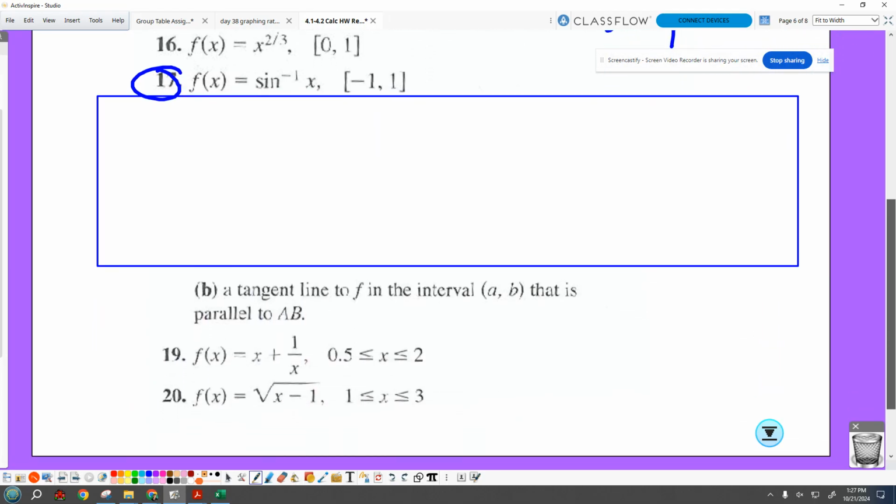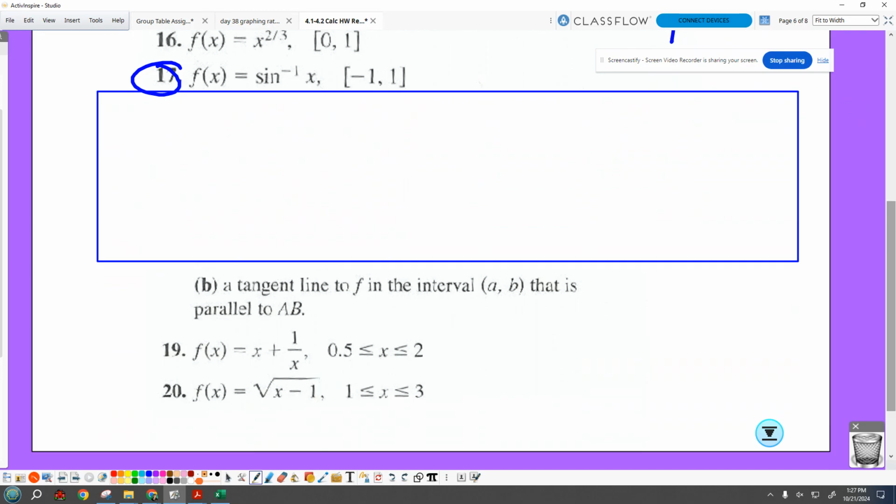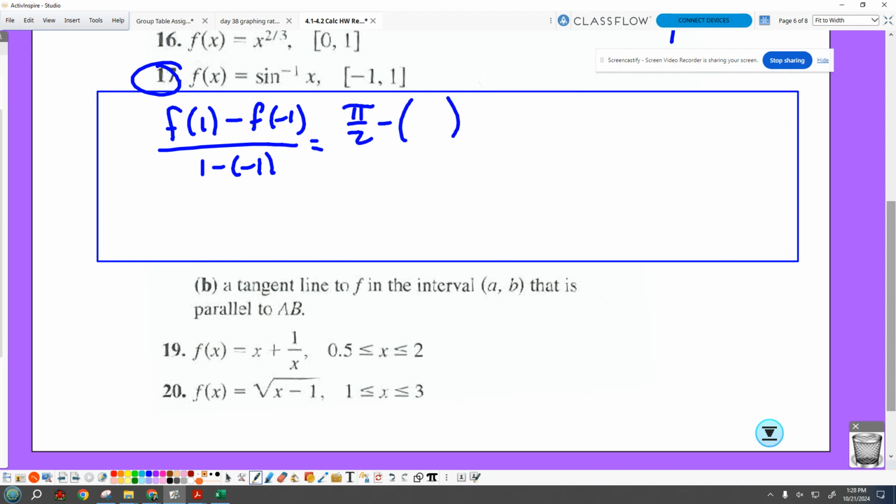Cool. So I need to find the average. Ooh, arc sine of 1. What angle makes sine 1? Pi over 2. What angle makes sine negative 1?